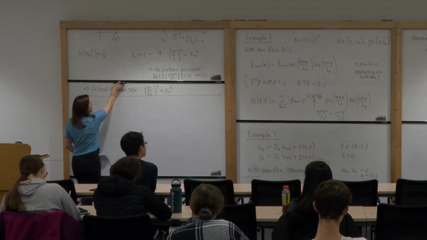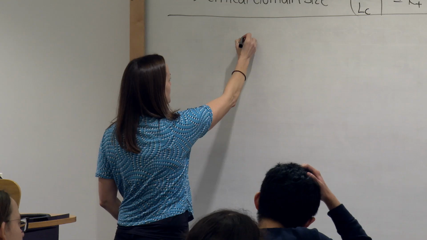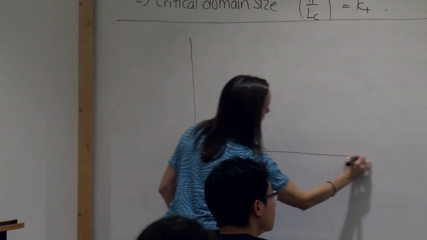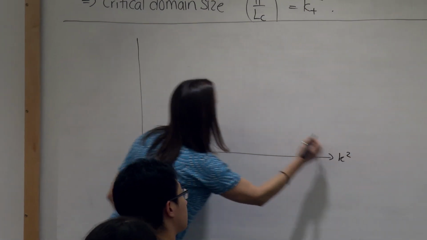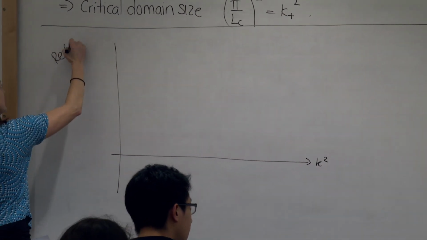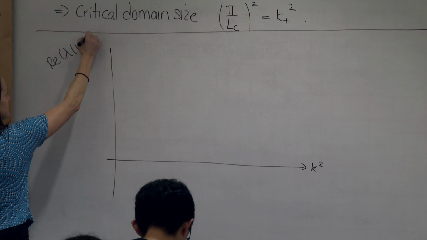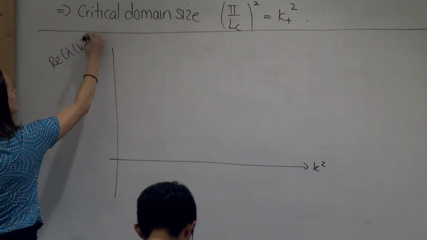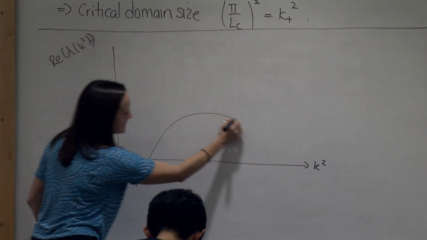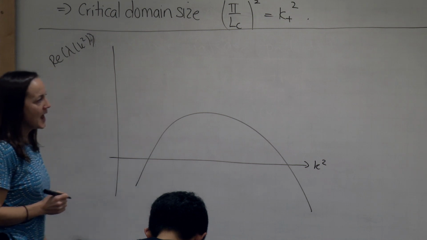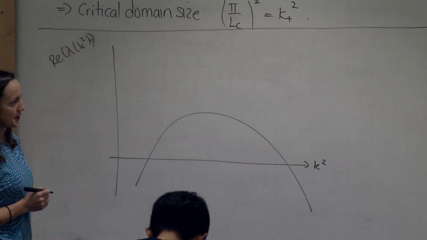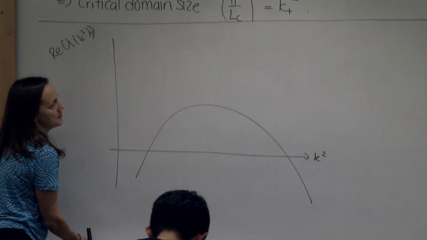All right. So I'm going to draw, again, our dispersion relation. This is the real part of lambda as a function of k squared. It looks something like this. And let's begin to think about what patterns on the domain might look like.